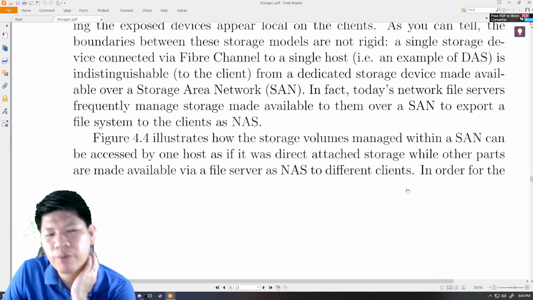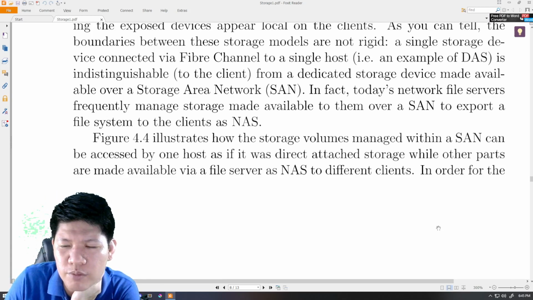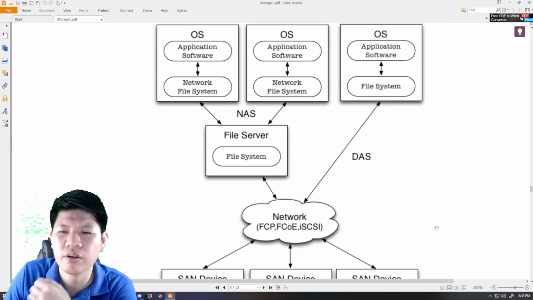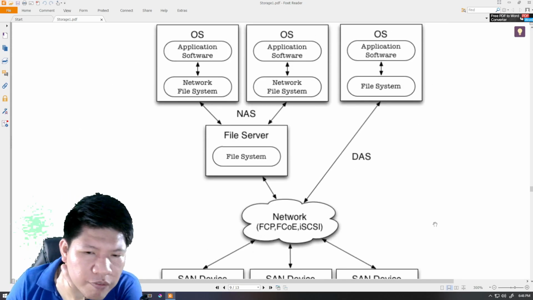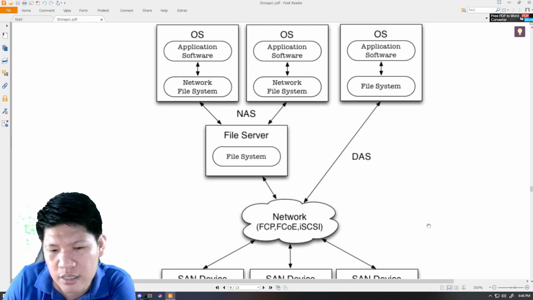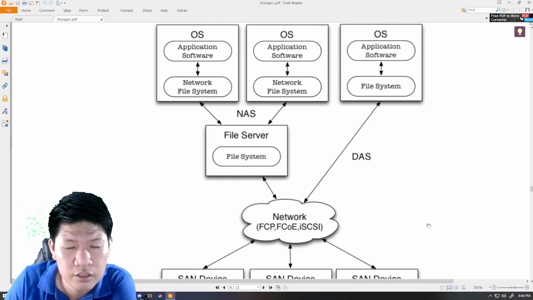Another diagram we have here is an illustration of how storage volumes are managed within a SAN. So this is what we call a file server. A file server is like a relay before we can access other protocols.